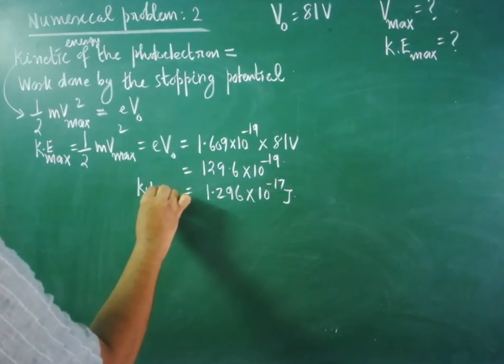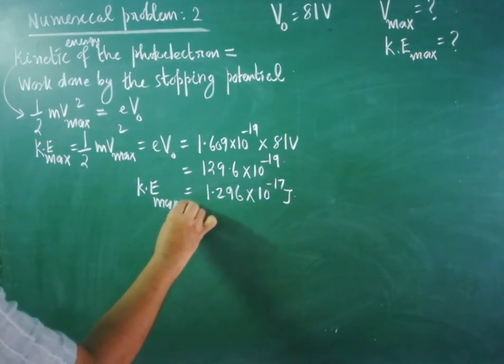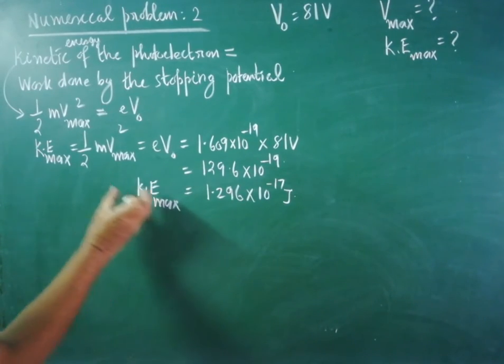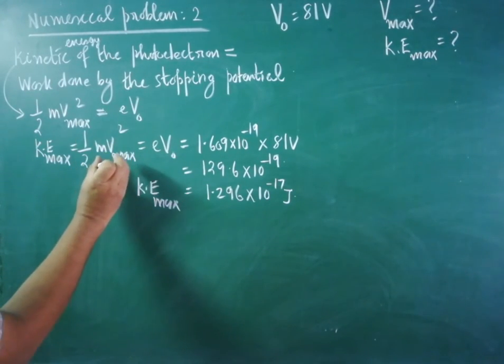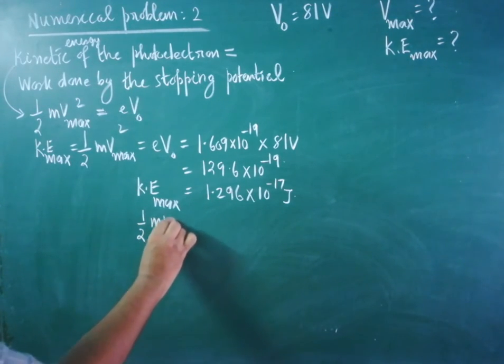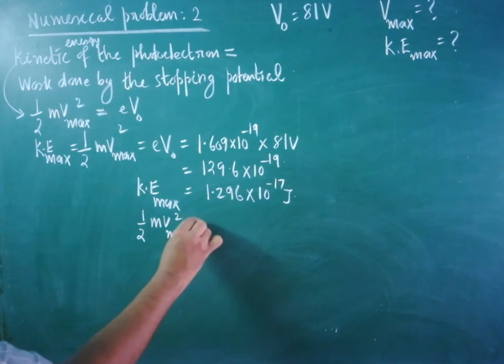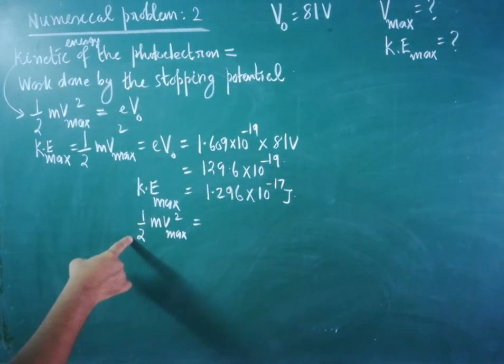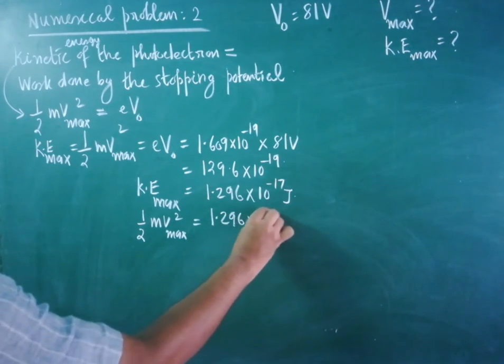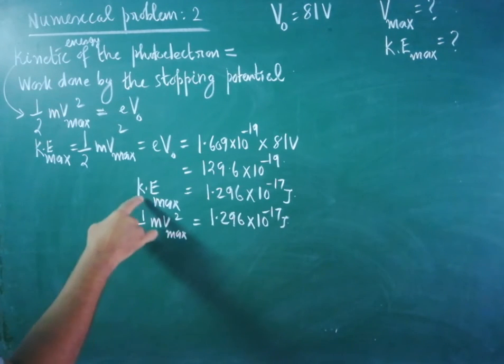So from this particular step, we have calculated the K max. What is the next one? The next one is about V max. V max means the maximum velocity of the photoelectron. How will you calculate? This formula is equivalent to half m v max square, which is equal to the K max. So we know the value, 1.296 into 10 to the power of minus 17 joule is the K max value.